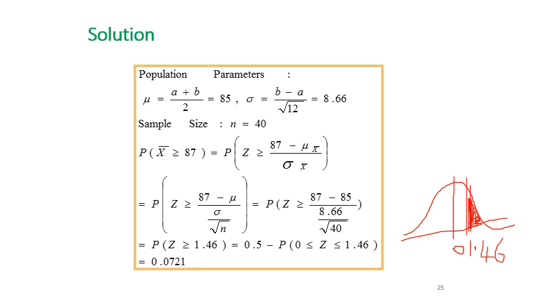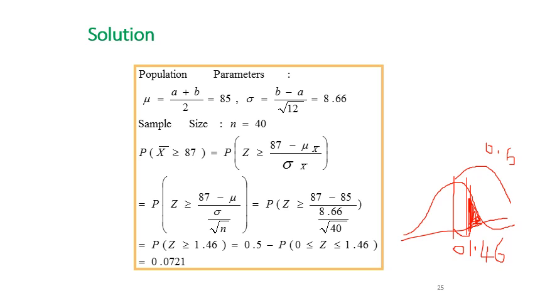So how can I find this area? This is 0.5, the area of half of the curve, as you can see from the graph. This is 0.5 minus the area from 0 up to 1.46. The area from 0 up to 1.46 can be found from the standard normal tables, of course, as we will see in the next slide.